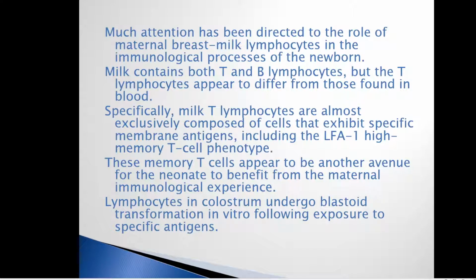These memory T cells appear to be another avenue for the neonate to benefit from the maternal immunological experience. Lymphocytes in colostrum undergo blastoid transformation in vitro following exposure to specific antigens.